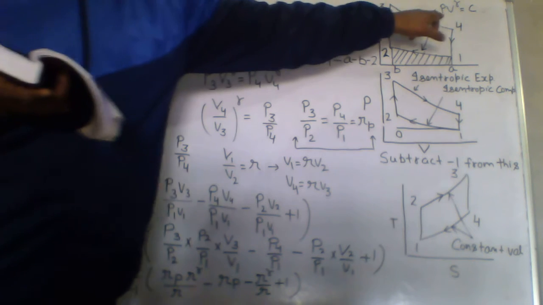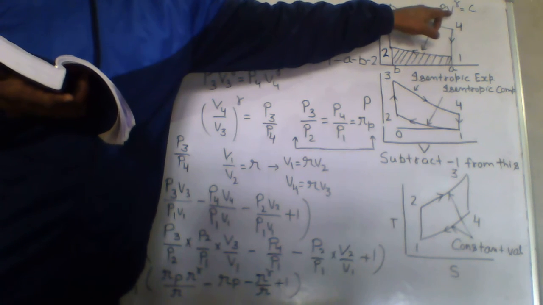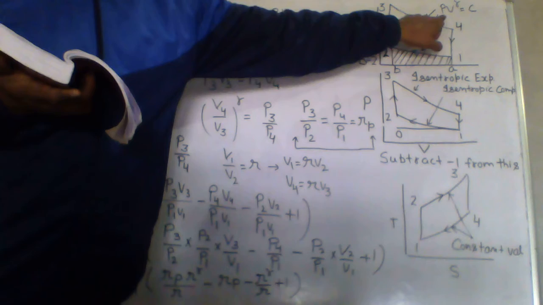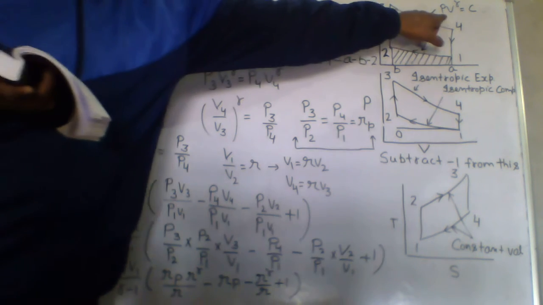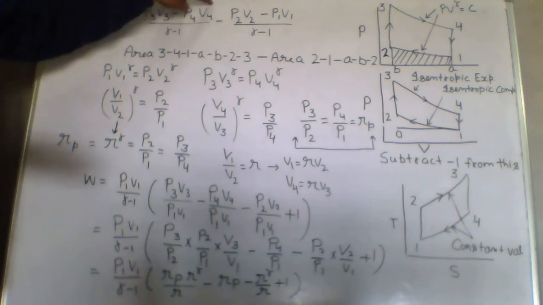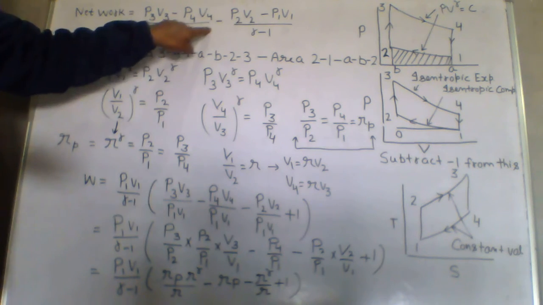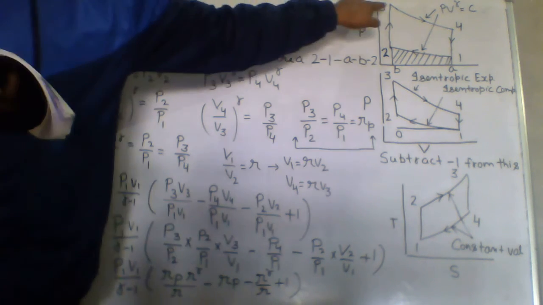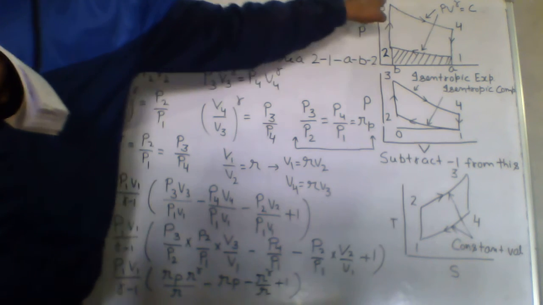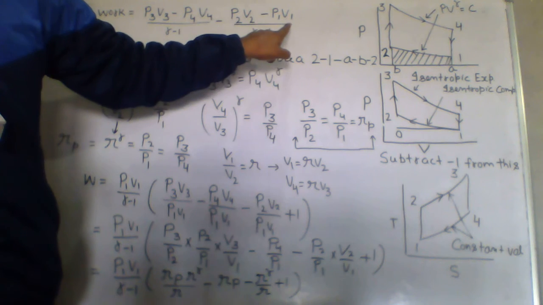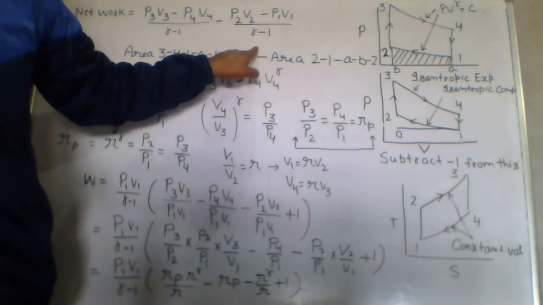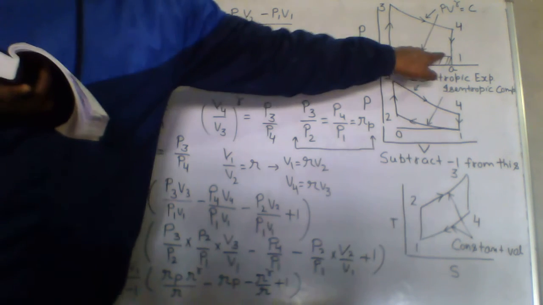If the process is adiabatic isentropic expansion, for that PV raised to power gamma is constant, and if you solve this we will get this work. This is the work under the 3 to 4 curve, and this work, P2 V2 minus P1 V1 divided by gamma minus 1, is under the 1 to 2 curve.